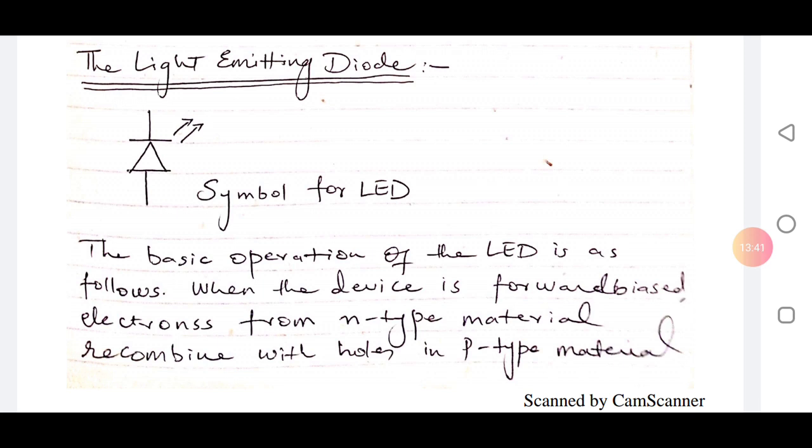What is the difference? You can see there are two arrows whose arrowheads are pointing outward. When the arrowhead is pointing outward, it means light is emitting. So these arrowheads are pointing outward, it means the LED emits light.